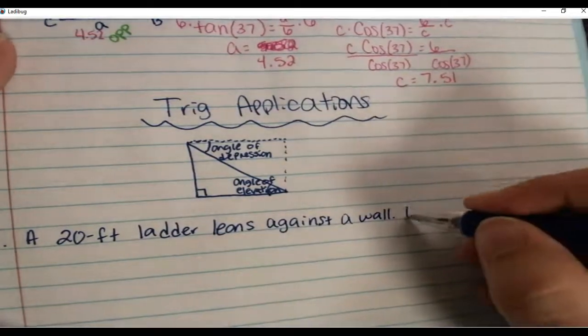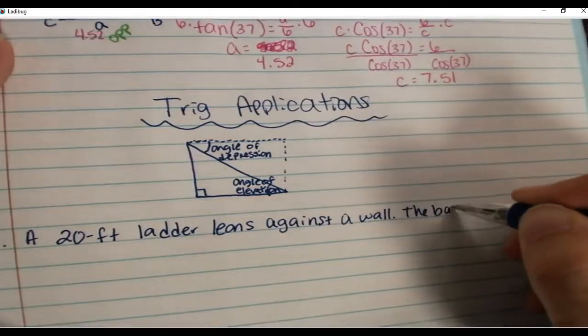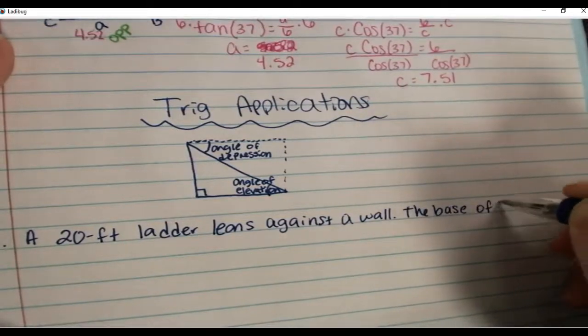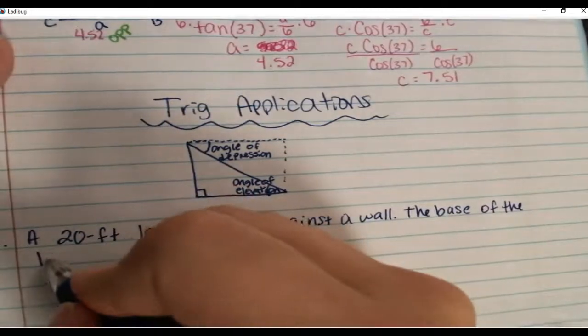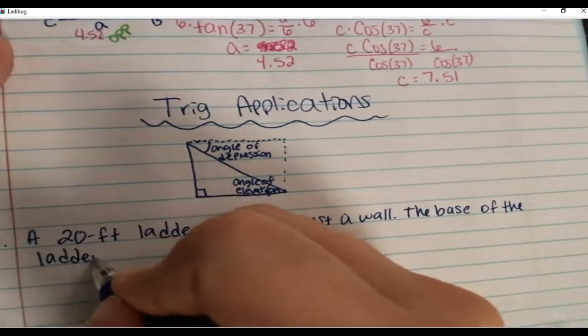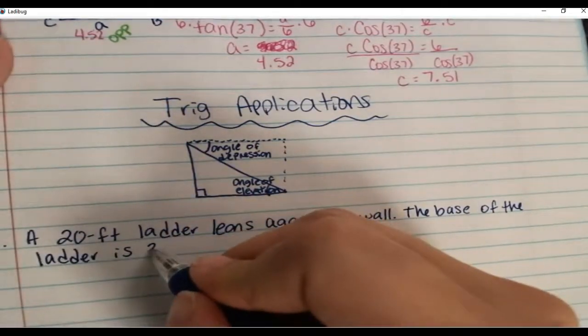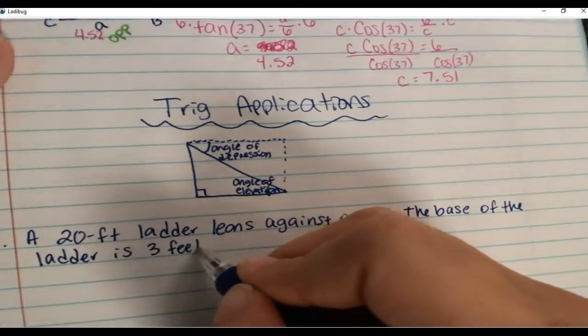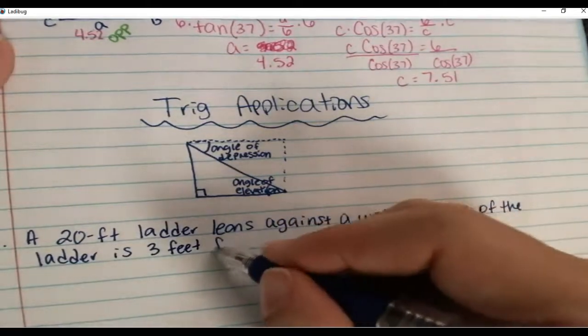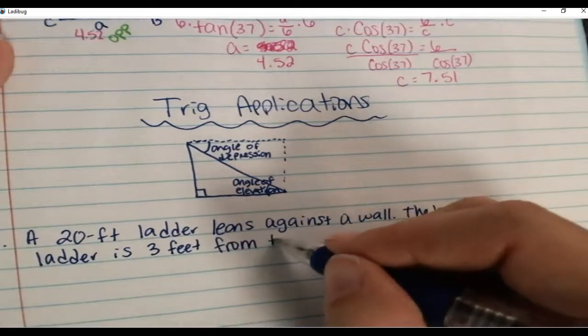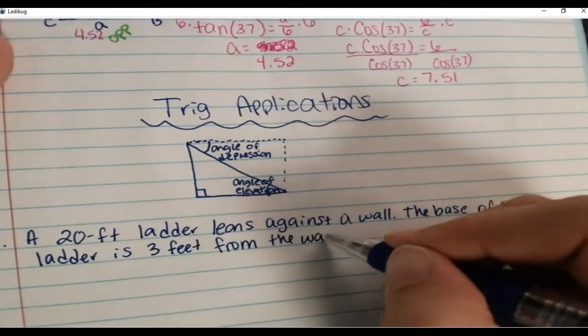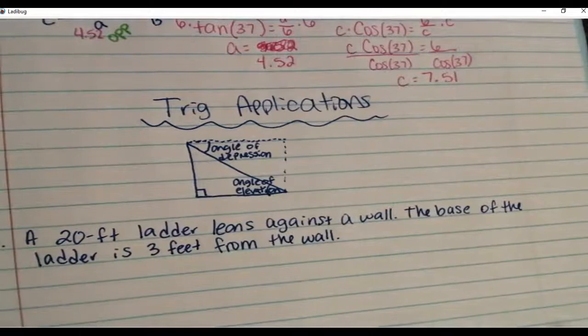The base of the ladder is 3 feet from the wall. We want to know what angle does the ladder make with the ground.